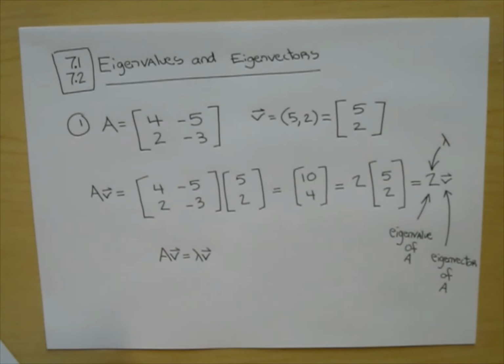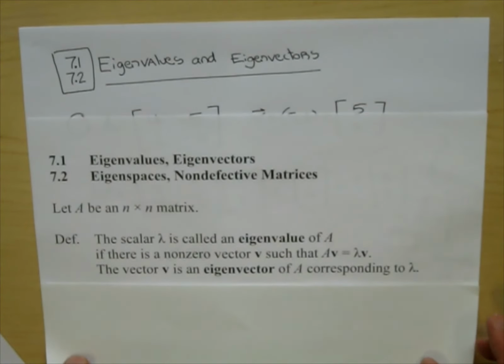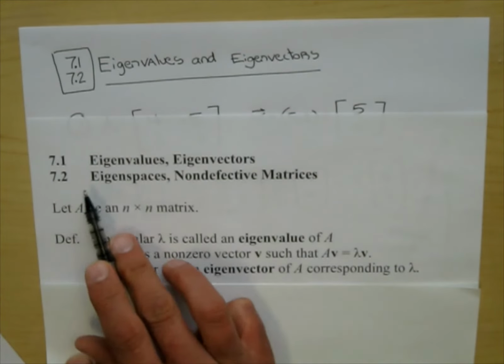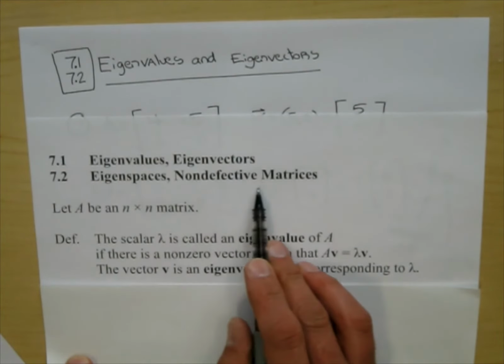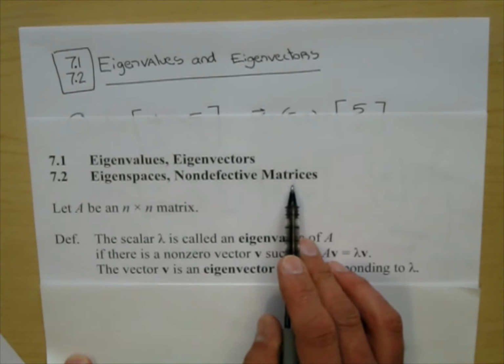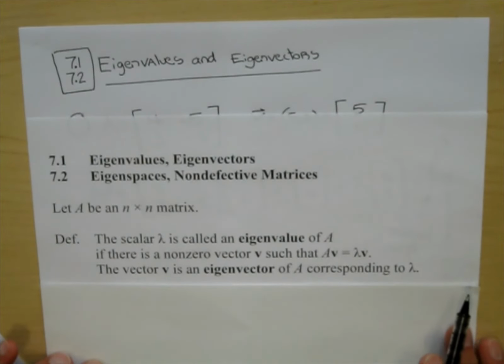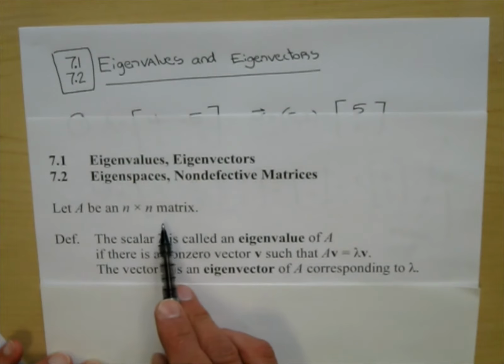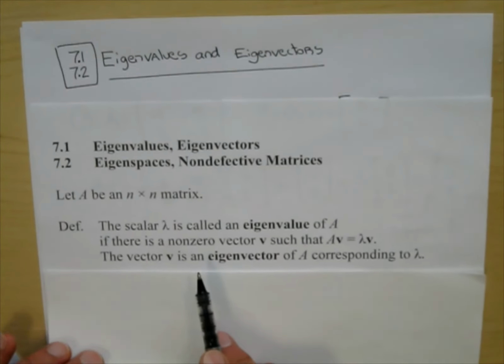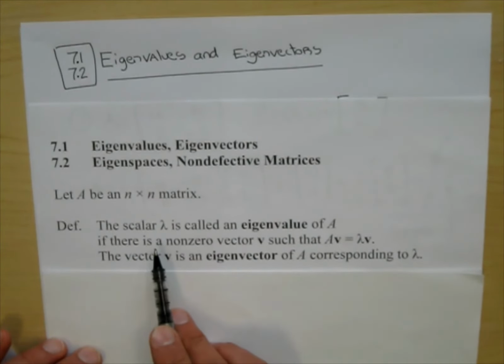So let's go ahead and take a look at the definition here. 7.1 is called Eigenvalues and Eigenvectors. 7.2 is called Eigenspaces and Non-defective Matrices. Okay, whatever that means. Let A be an n by n matrix. So we're only playing this game for square matrices now. These definitions only apply for square matrices.